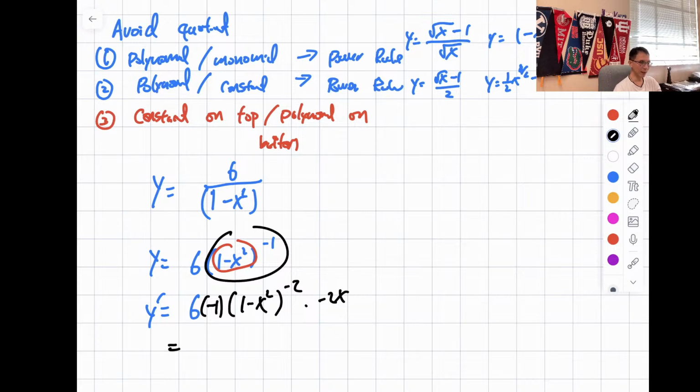So in this case, I can multiply everything outside here, which is going to be 12x over 1 minus x squared, all squared. Much easier than the quotient rule I had to deal with. I just use chain rule.